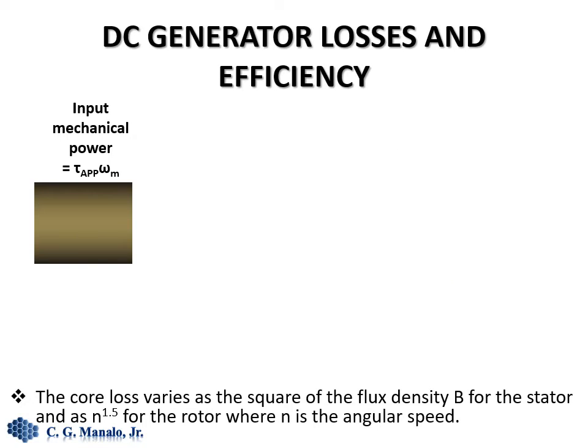So let's take a look at how the power coming from the prime mover, this is P sub in here, how is this power distributed across the generator as it travels from the shaft going to the output terminals of the generator?